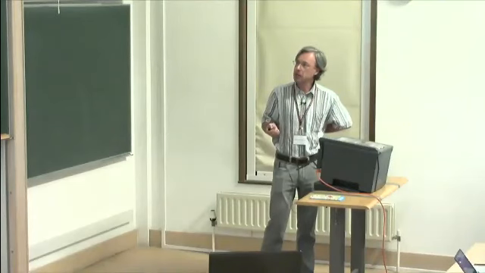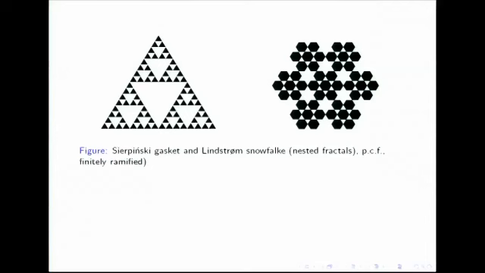In examples like this and this, there is the finite ramification property, that it's possible to remove a finite number of points so that the fractal gets disconnected. For example, for the Sierpinski gasket, it's enough to remove these 2 points, and the entire fractal gets disconnected. For the unit interval, it's enough to remove just 1 point, and it is disconnected.